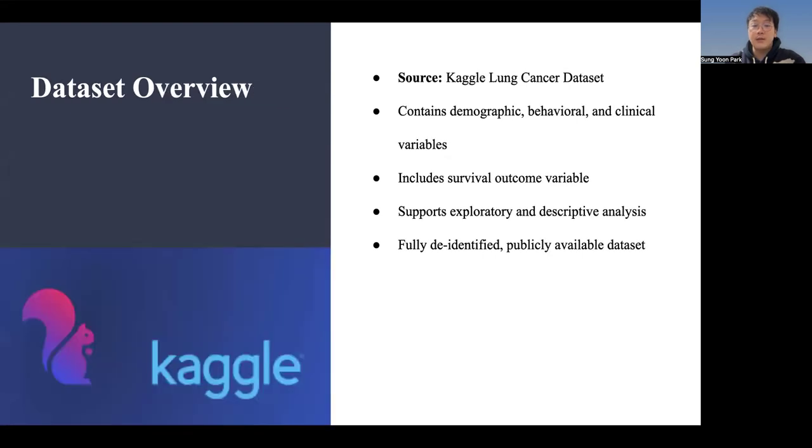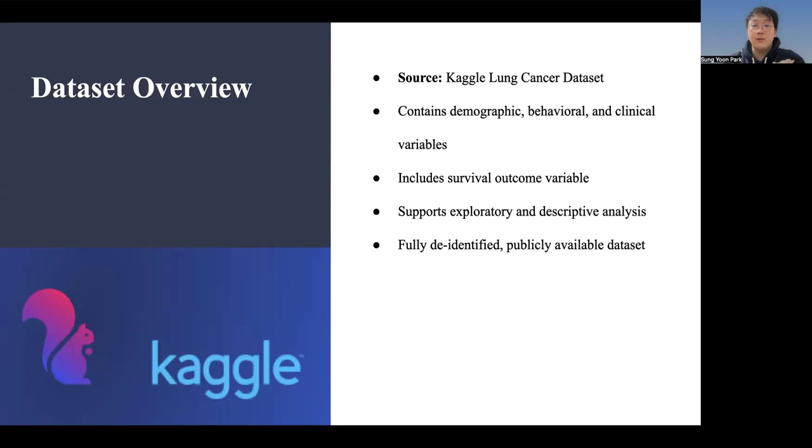The data set I used came from Kaggle's publicly available lung cancer data set created by Yash Sharma. This data set contains demographic information like age and gender, behavioral factors such as smoking status, and clinical variables including cancer stage, BMI, cholesterol, and survival outcomes.